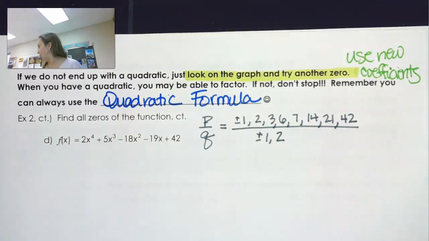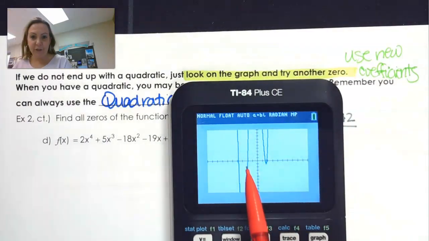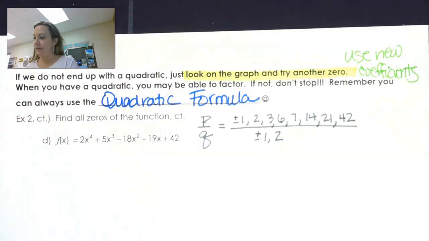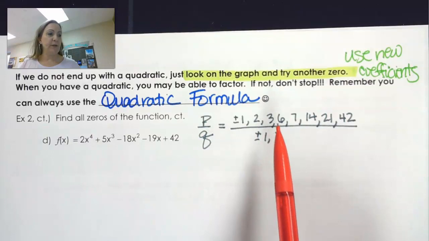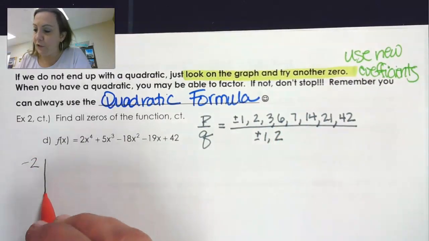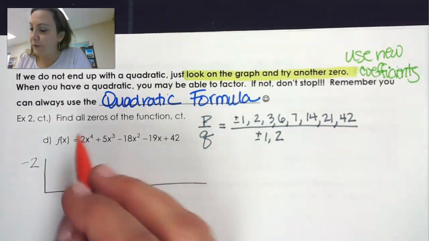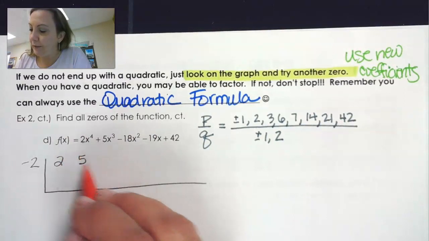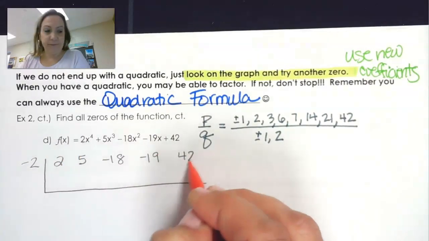So let's test negative 2 because negative 2 is on the graph and we see that it's a possibility in our P over Q list. So let's try to see if negative 2 is a 0. There aren't any missing degrees, so I can just put my coefficients in here, okay?